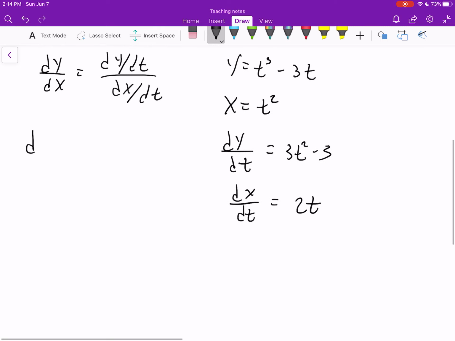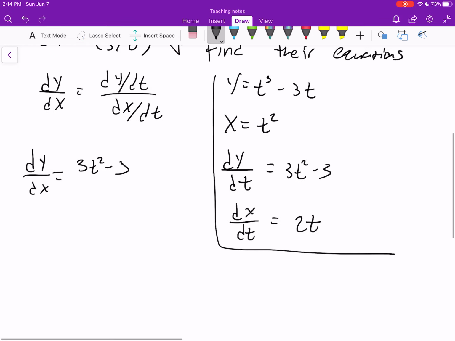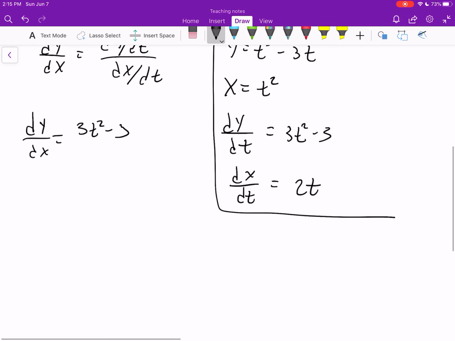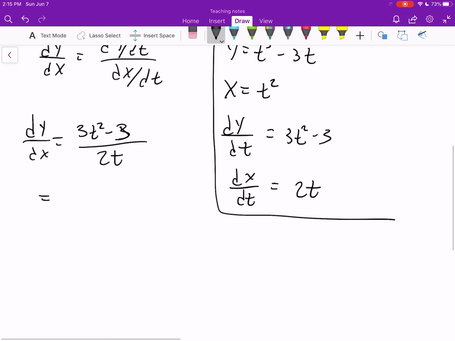That tells me then that dy/dx is going to be equal to, this is scratch work so I'm going to box it off, 3t squared minus 3 over 2t. And then I'm going to simplify this a little bit just because we're going to need this a little later.